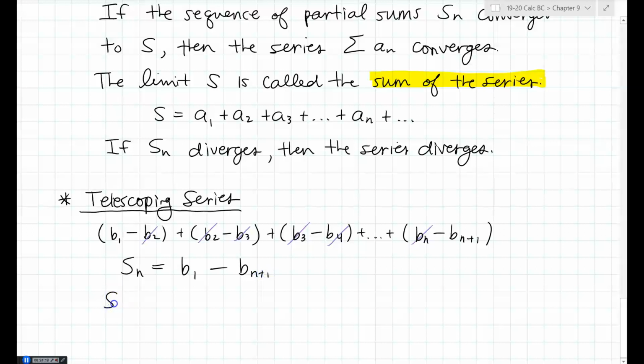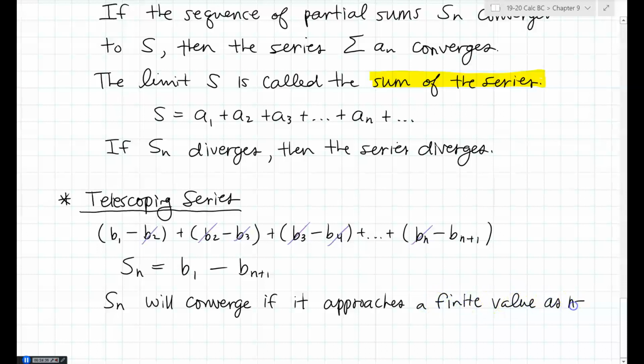S sub n will converge if it approaches a finite value as n approaches infinity.